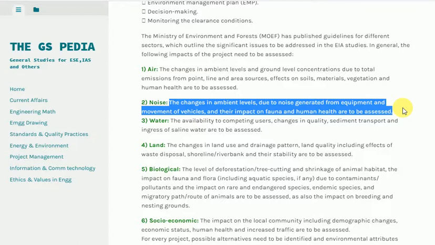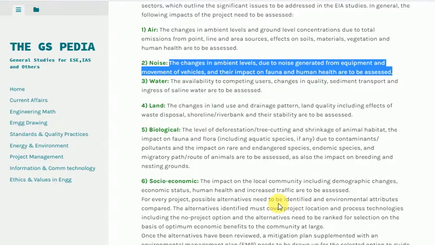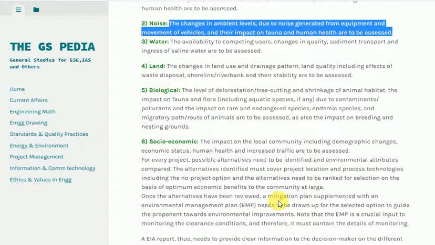The level of deforestation/tree cutting and shrinkage of animal habitat, the impact on fauna and flora including aquatic species, if any, due to contaminants/pollutants, and the impact on rare and endangered species, endemic species, and migratory paths/routes of animals are to be assessed, as also the impact on breeding and nesting grounds.